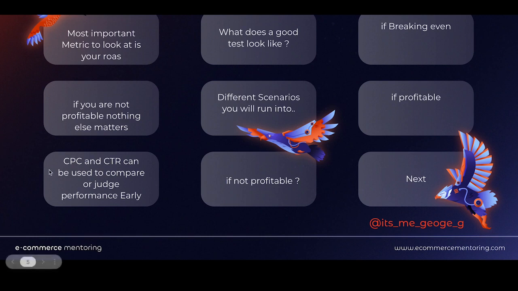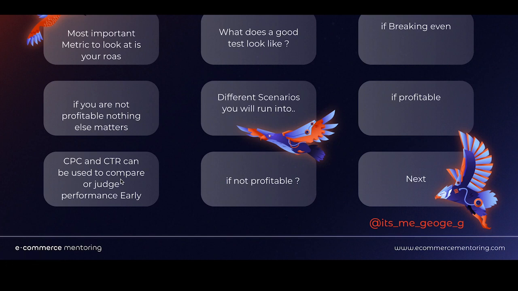Now, CPC usually 20 cents or less, and CTR should be close to 1, 1.2, 1.3. That's perfect CTR. Anything below 1, you should be worried about, like 0.8, 0.7 is not a good CTR to run with, okay? Now, how can you use CPC and CTR to compare? So let's say, for example, you've launched a test with 4 to 5 creatives.